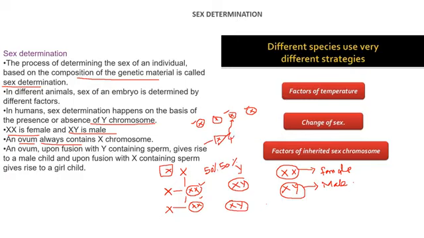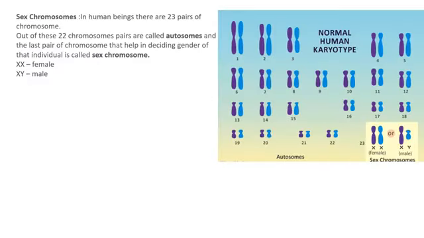So I'll represent the female by this. And when a Y chromosome carrying sperm fuses with the egg, then the newborn baby will be a boy. So this is how we determine sex in human beings. We know that the sex chromosome in human beings is the last pair of chromosomes. Here you can see there are 23 pairs of chromosomes, right?